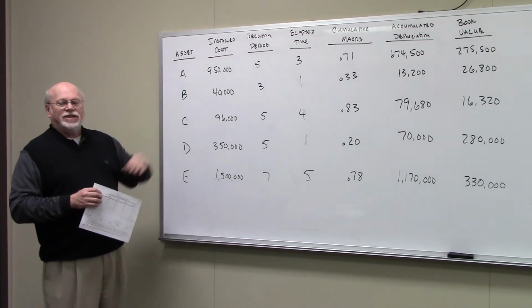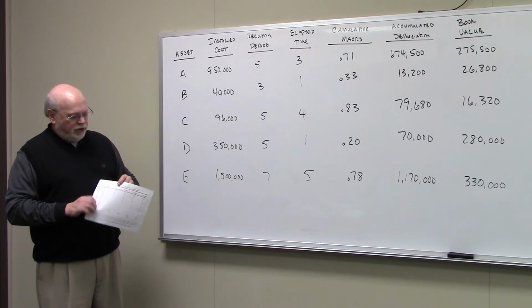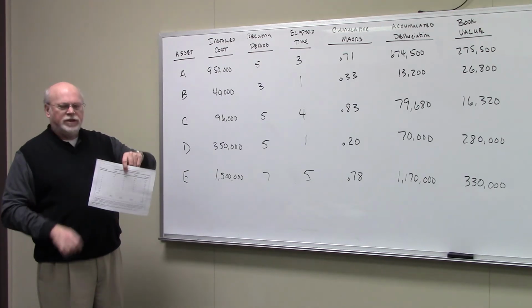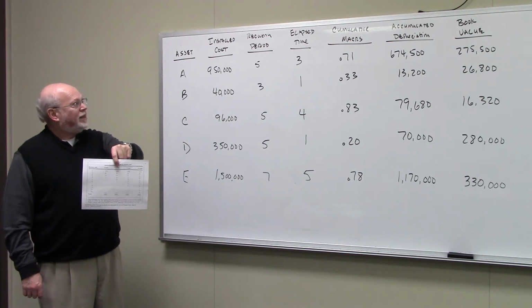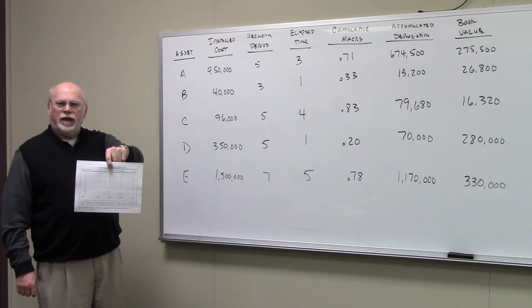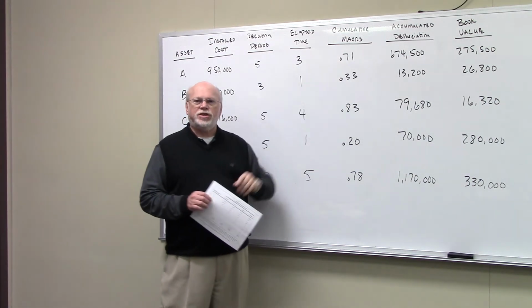This first asset has an installed cost of $950,000. It's in the 5-year recovery period, which would be this column right here on the MACRS table. And they tell us that 3 years have gone by. You'll see that the next column reads cumulative MACRS.